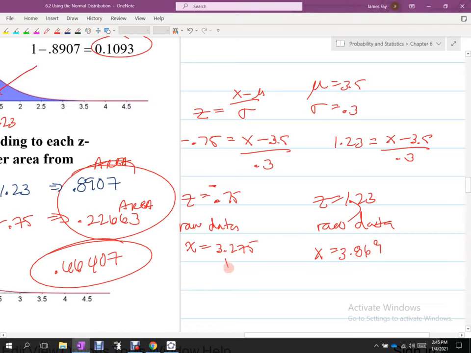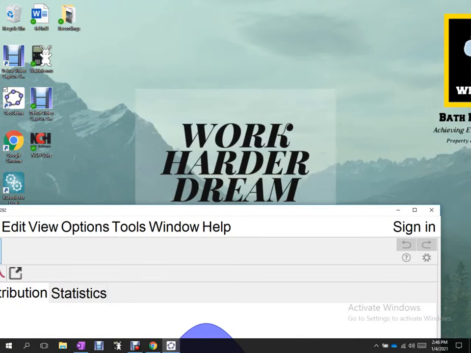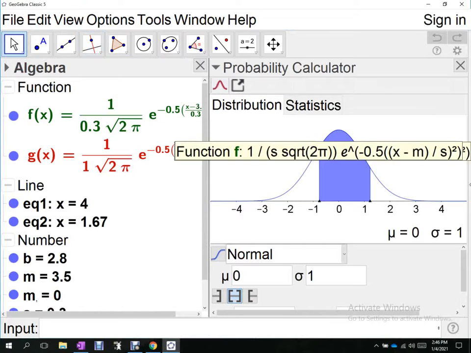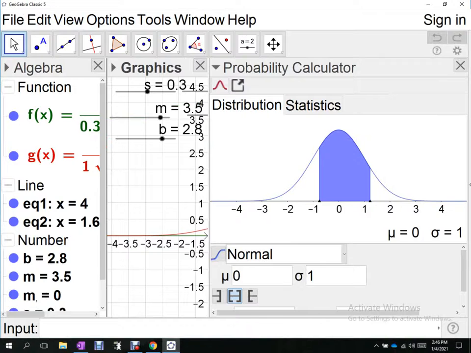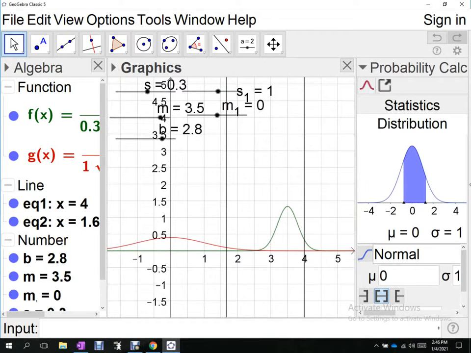Remember now, this is in hours. When we're talking about z-scores, there are no units on z-scores. Does that make sense? But what happens now is we're looking at between.